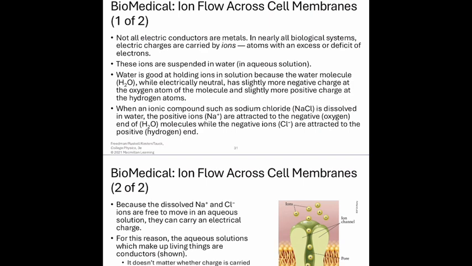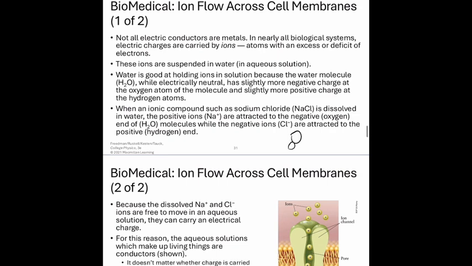And this is a great example because our body is mostly ionic solution, right? And cells use this ionic solution to communicate with other cells and do functions in the body. So it's a very interesting notion to look at the physics of conducting materials in the context of the human body.